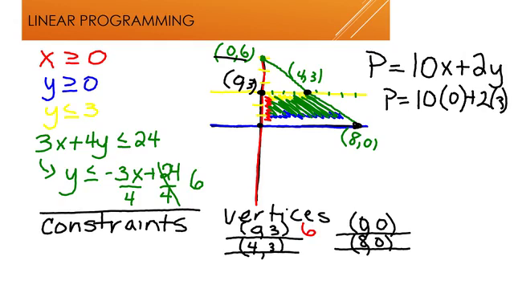Then the next one is P equals 10 times 4 plus 2 times 3.